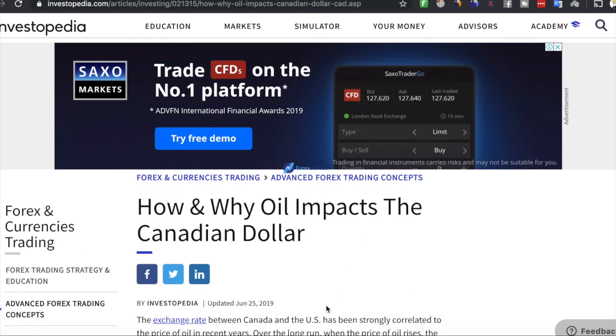Because sometimes what you see in prices is that one of these pairs can give you earlier clues than the other. Meaning if oil is about to change its direction, but you'd see the dollar CAD already turning its course, that's when it can give you a head start. Now, this is not to say that the correlation will never change, because nothing stays the same forever.